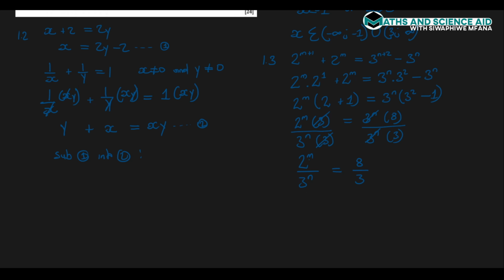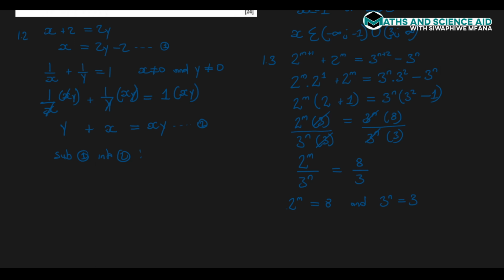And now, since the left hand side is equal to the right hand side, it means that the numerator of the left hand side must be equal to the numerator of the right hand side. So 2 to the power of m must be equal to 8. And at the same time, it also means that 3 to the power of n must be equal to 3.